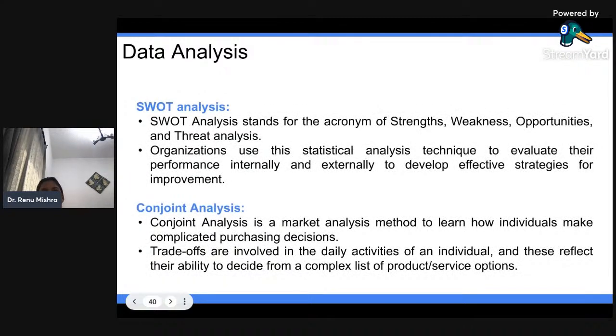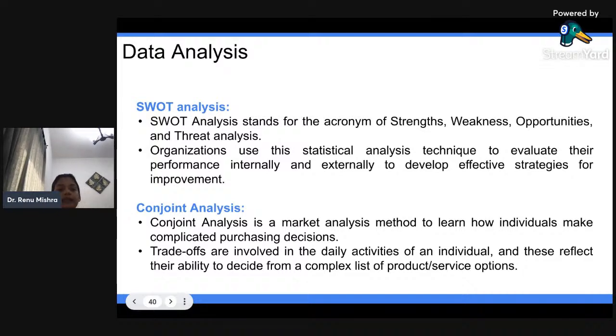Okay, now comes SWOT, data analysis. How do you actually do data analysis? Basically, you can do data analysis by SWOT analysis, that is strengths, weaknesses, opportunities, and threats. Organizations use this kind of analysis when they want to go for a marketing strategy or product development strategies, or to see their marketing position against their competitors.